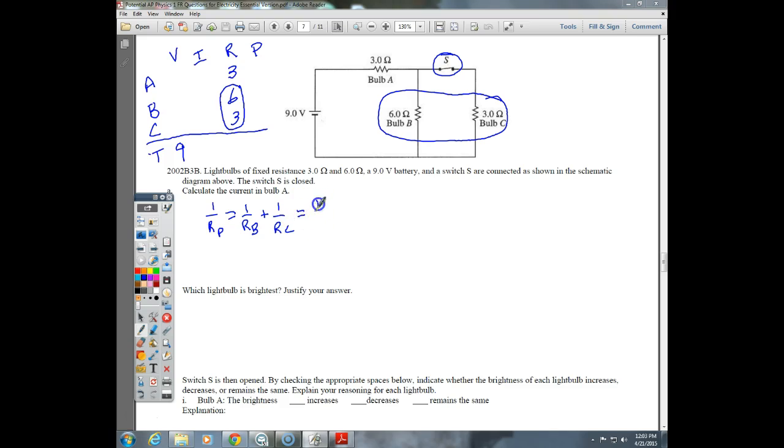So resistor B is 6 ohms plus resistor C is 3 ohms. So our common denominator here is 6. And when we get done, we get 3/6. And that's for 1 over Rp. So our total resistance in parallel is equal to 2 ohms.